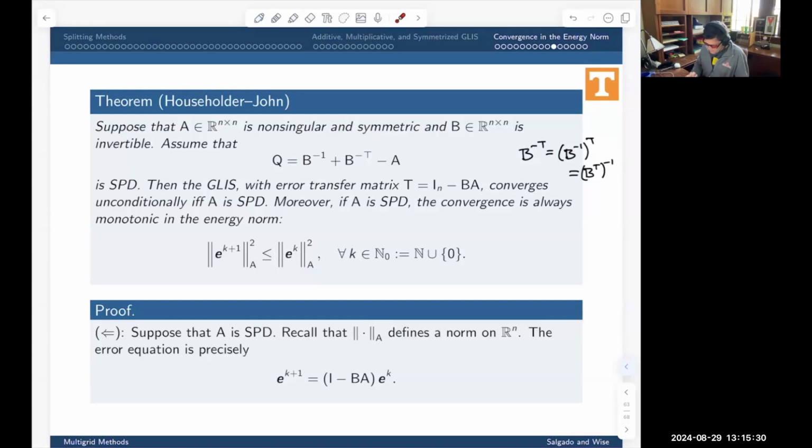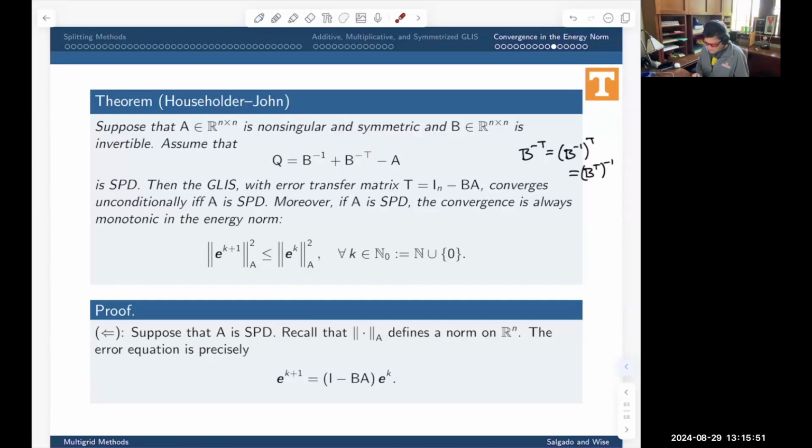So we're starting with this assumption. A is only non-singular and symmetric, and B is invertible. And now we're going to assume that this odd-looking matrix is SPD.